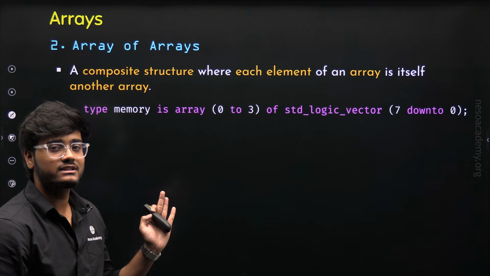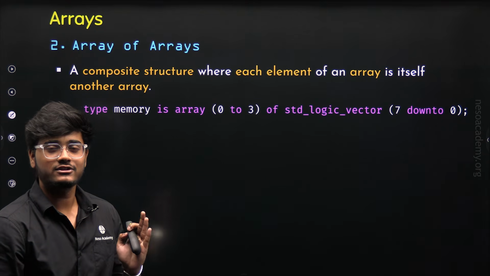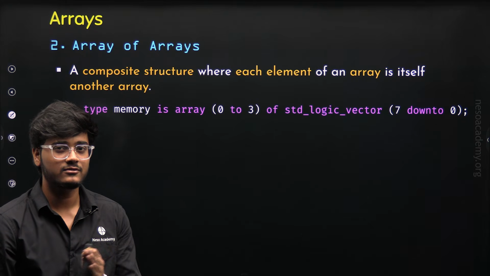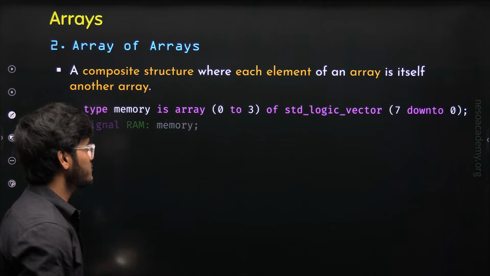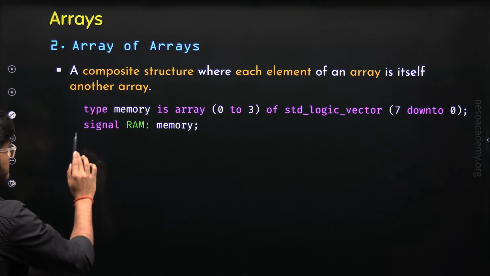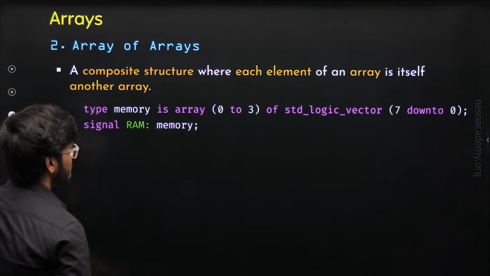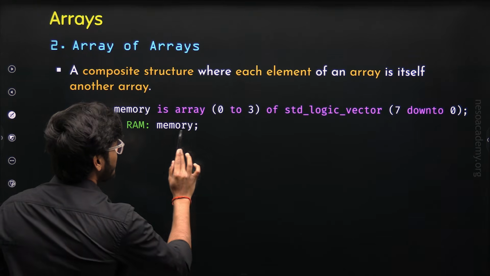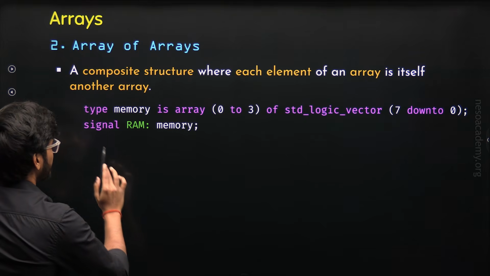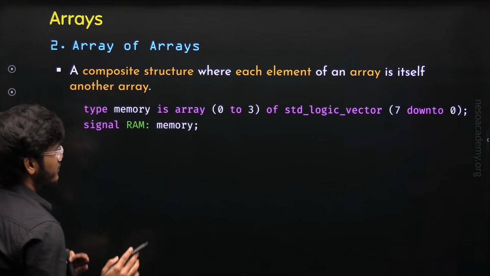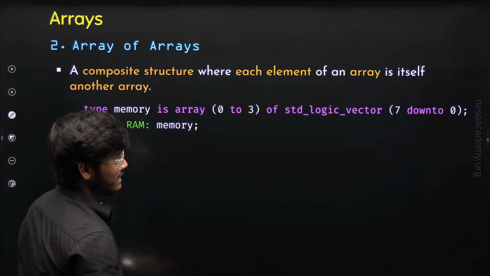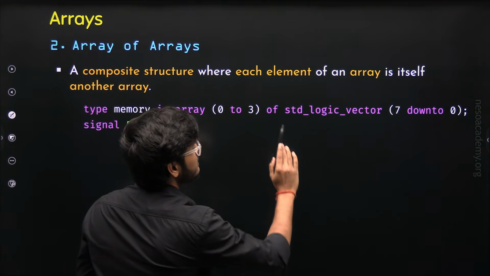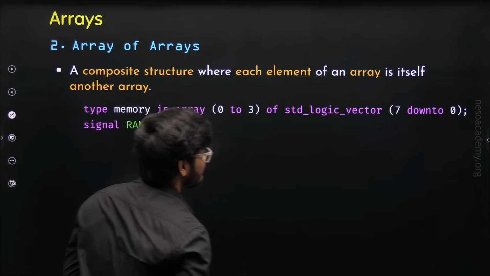Now how to use this data type? We can store this data type in any data object, for example, signals or variables. So here I am declaring a signal named RAM. You can use any name. With the data type memory, for this signal RAM we are creating 4 multiple arrays and each array is an 8-bit standard logic vector.